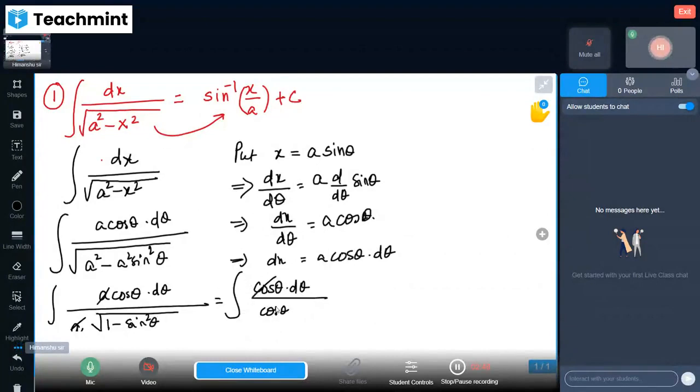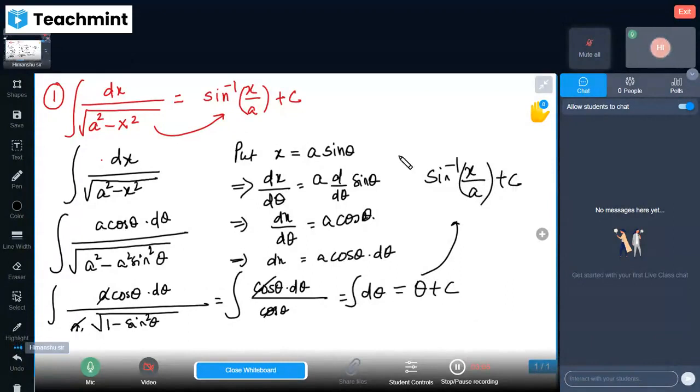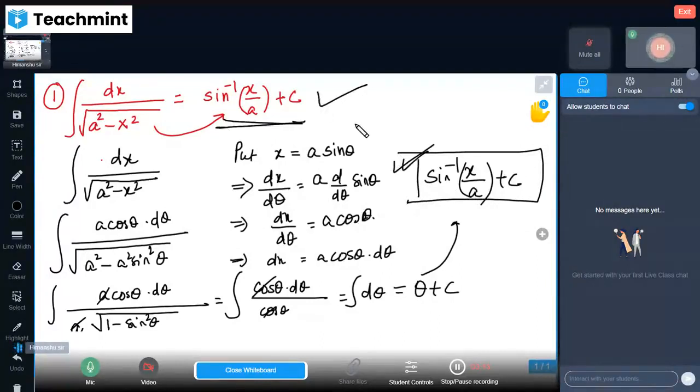So the cos cancels out, and the remaining part is d theta. The integration of d theta is theta plus c. For theta, we have to put its value here: sine inverse x upon a. So sine inverse of x by a plus c is the answer, which is what we wanted to find out.